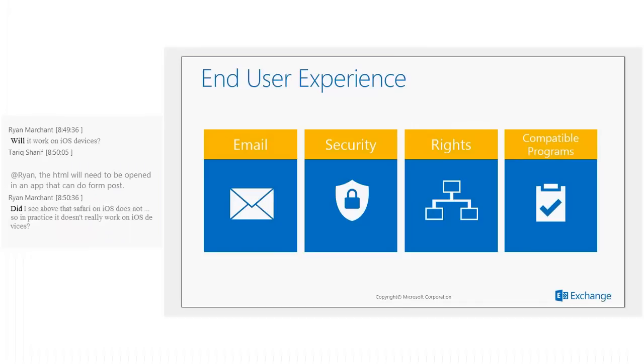If he decides to forward or reply to that message, even that message is protected. In terms of compatibility, we provide the same support as the Outlook web app. Whatever Outlook web app supports gets extended to Office 365 message encryption as well.